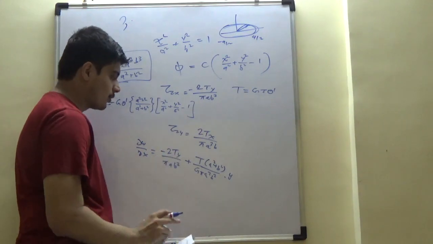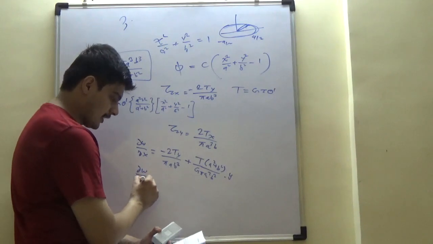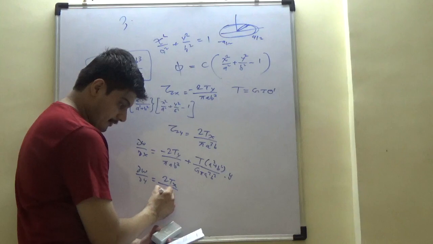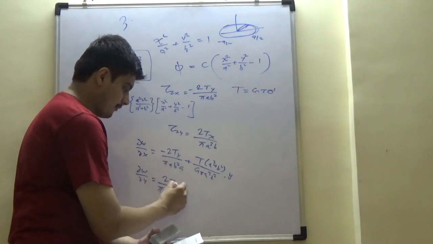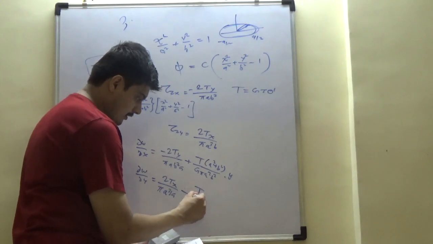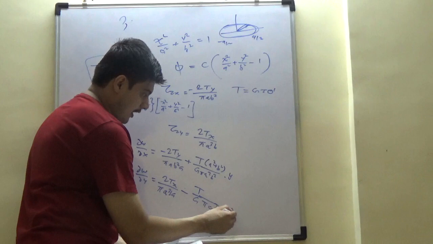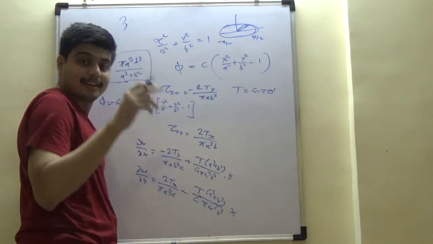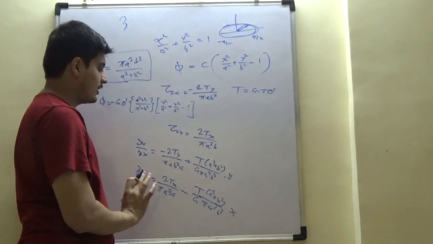Now I am actually substituting the values. So del w by del y similarly would be 2tx upon pi a cube b G, so G is going to go also here, right, minus T by G pi a cube b cube x a square plus b square, because it was theta dash x and here it is theta dash y, plus and minus signs.